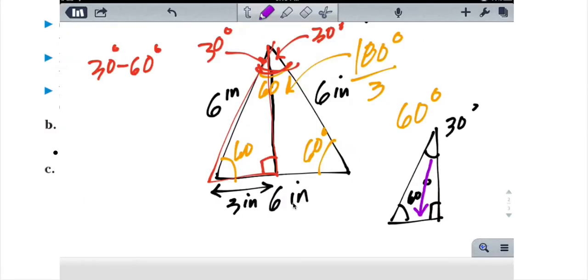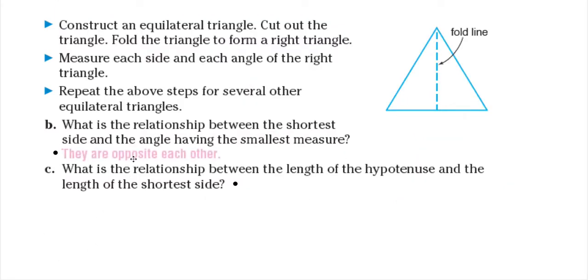If this is our 30-60 right triangle again, and this is your 30 degrees right here, and this is 60 degrees, the relationship of the 30 degrees and the shortest side is that they are opposite each other. So this particular angle right here, if I put it here, this is 30 degrees.